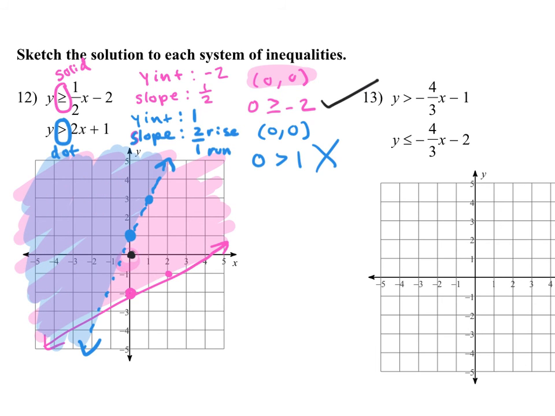Now what do we need to do? Erase. We erase everything that's not in common. So all we're erasing is the shaded parts. We don't erase our lines. So we just erase the shaded parts that are not in common.